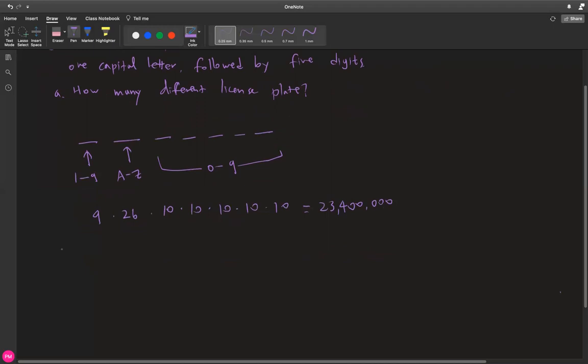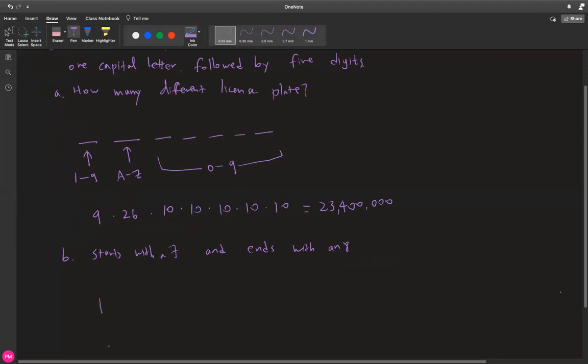Then what if a problem asks, how many different license plates start with a 7 and end with an 8? So now in the first place, we don't have any choice. We only have one number, so 7.